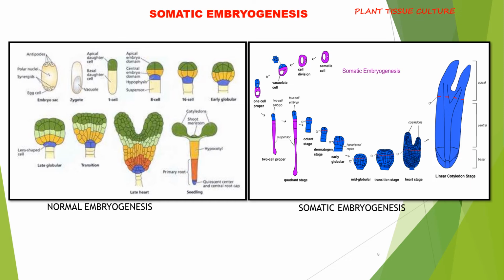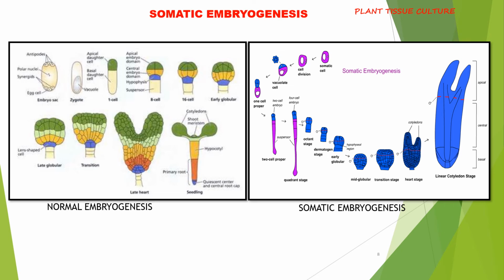This is then followed by a series of cell divisions from 2-cell stage to 16-cell stage, followed by globular shape, heart-shaped, and torpedo stage, and lastly the young embryo, which has the shoot apical meristem and the root meristem, which give rise to the shoot and the root respectively.